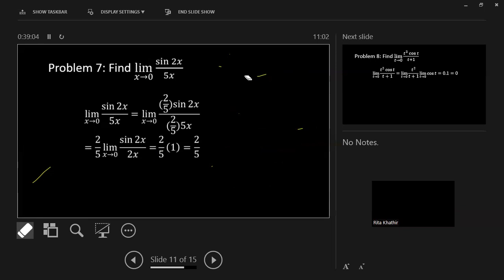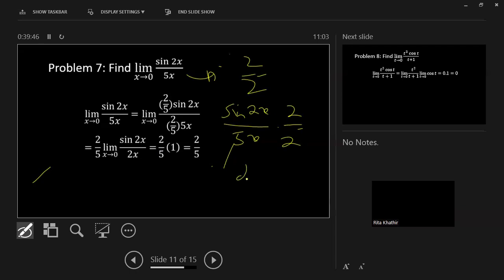Okay, so the target is to have sine 2x over 2x. And how? We can multiply this function by 2 over 2. So sine 2x multiplied by 2 over 2. Then you can have 2 sine 2x.